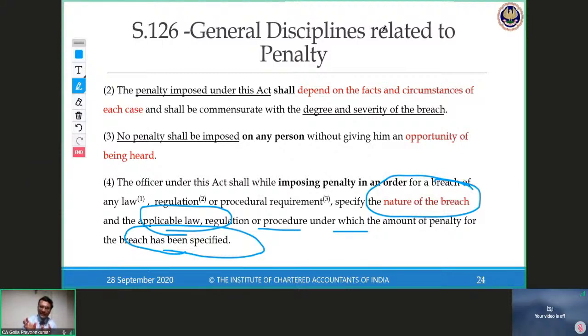What is the penalty? I'll compare that with 10,000, whichever is higher, I quantify. Usually in the ordinary course of business, a notice is given for a particular period, which is a financial year. I do an audit of a financial year and then I issue a demand recovery notice under section 73 or section 74.